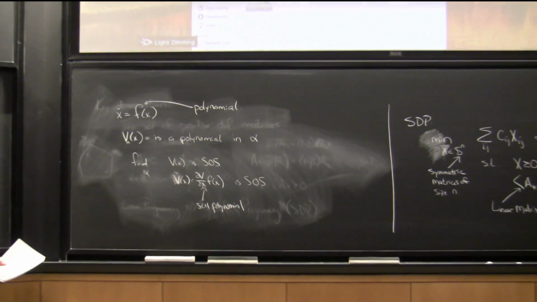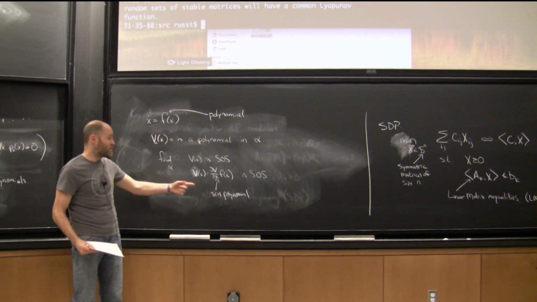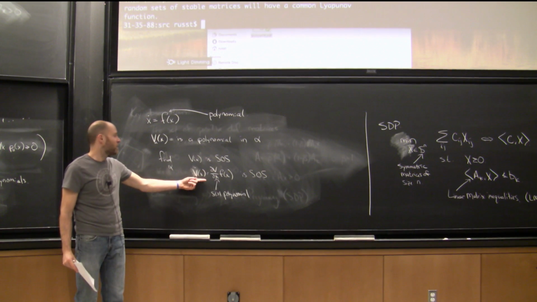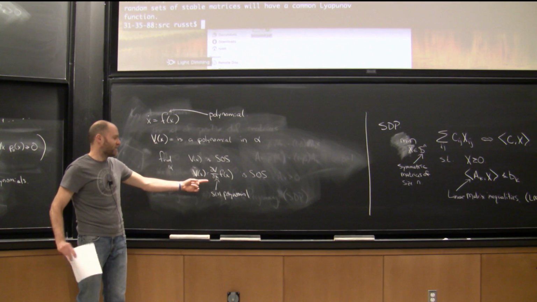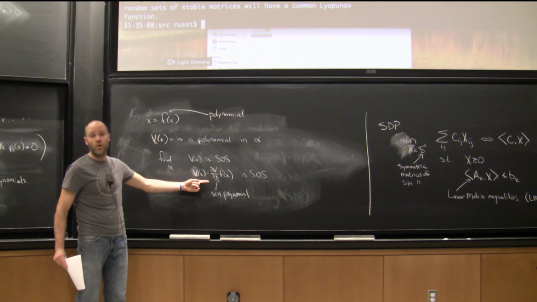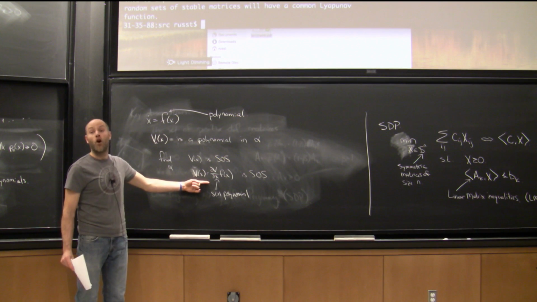And how does the gap get you? It's possible that there is a Lyapunov function, even a polynomial Lyapunov function, that proves that your system is stable, and you didn't find it. But again, it's very rare. Certainly if you do find one, which in practice we do, then it does certify optimality for all x.